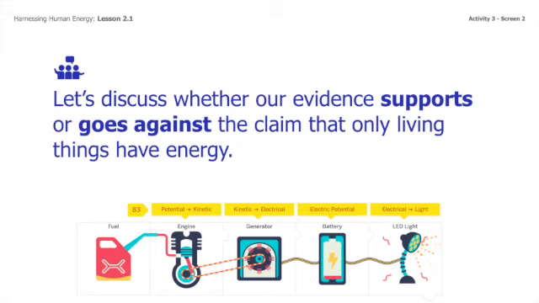But if you look here, there's 83 energy units, and it goes from potential to kinetic, kinetic to electric, electric potential to electric light.